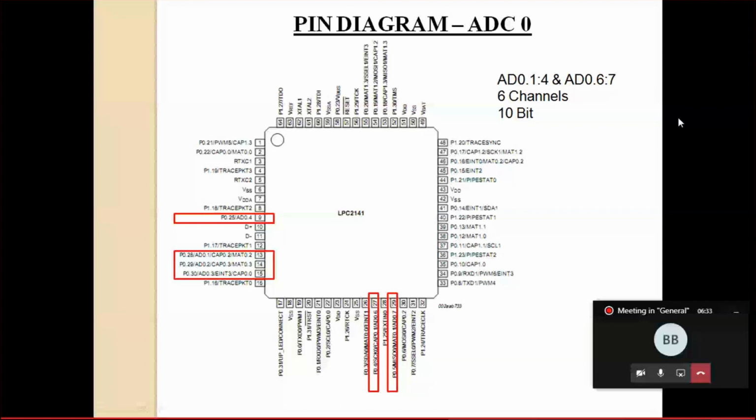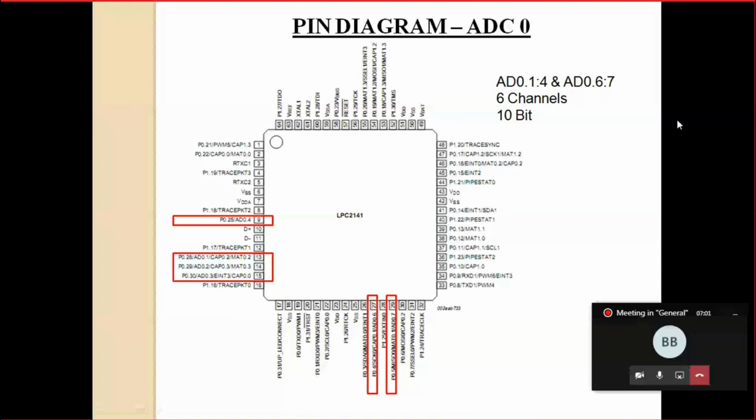So the actual resolution in terms of voltage will be 3.3 divided by 2 raised to 10. That is the minimum possible voltage level it can measure, and all the quantization levels will be in multiples of this voltage, 3.3 by 2 raised to 10. That many millivolts. So in terms of bits, the resolution of the ADC is a maximum of 10 bits.